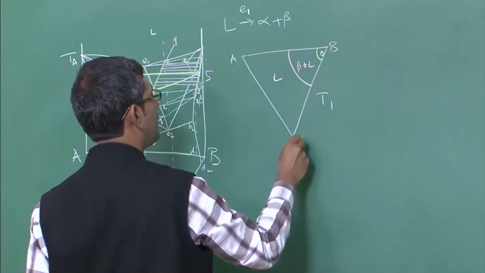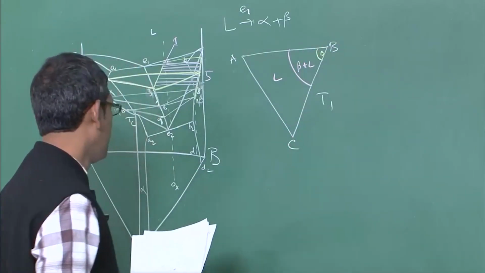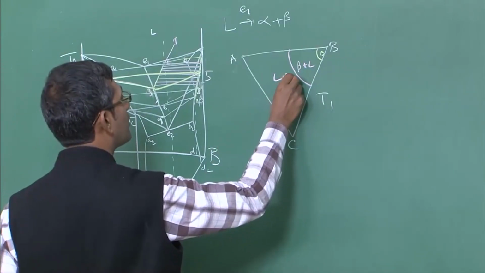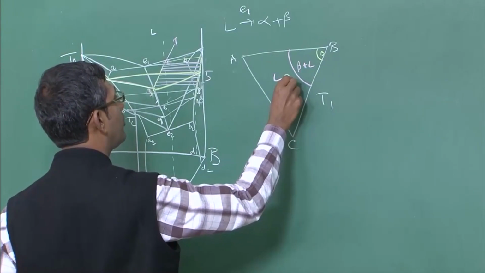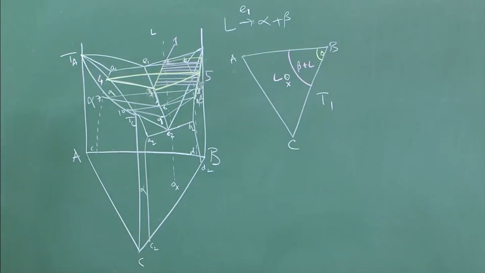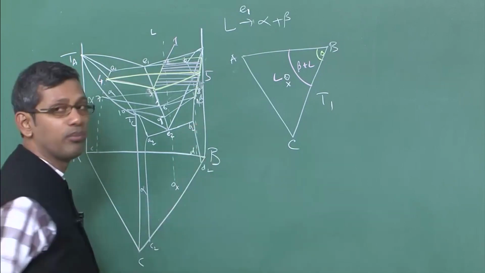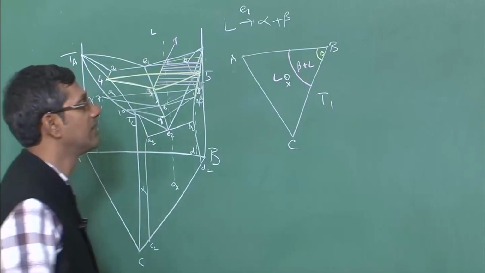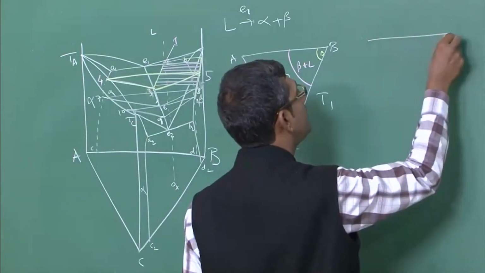A, B, C. That is obvious. And where is the composition of the alloy? Composition of the alloy will be somewhere there. Okay. I am going to put a dot here like this. So, this is my X. So, at 0.1 basically everything is almost fully liquid, there is no solid, because it is just touching the liquidus surface at T1. At T2 what will happen?